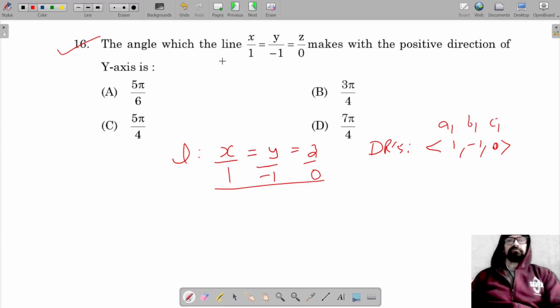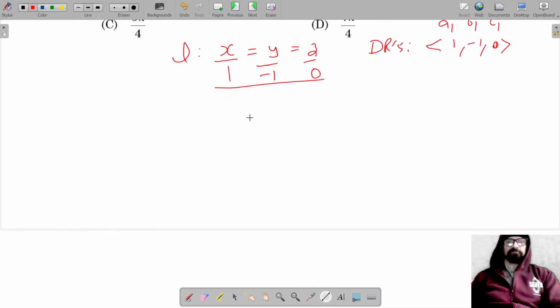So now the angle which a line makes with another line, and the other line is the y-axis. So let's find out the direction ratios of the y-axis as well.